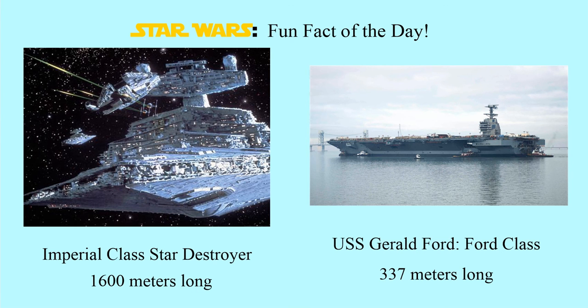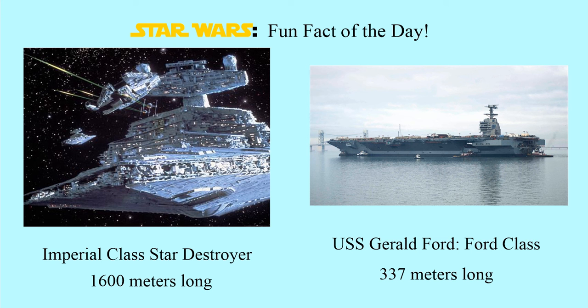Here's the Star Wars fun fact of the day. The Imperial class Star Destroyer that you see at the beginning of Episode 4, the big 1977 epic classic, Star Wars: A New Hope. That ship is actually considered in Star Wars canon to be 1,600 meters long.